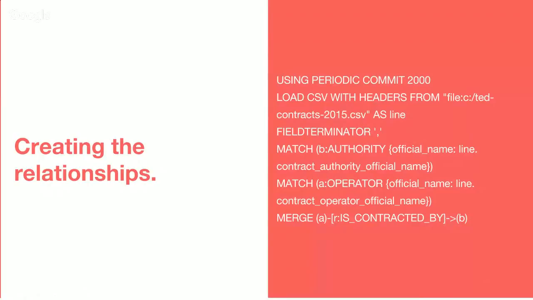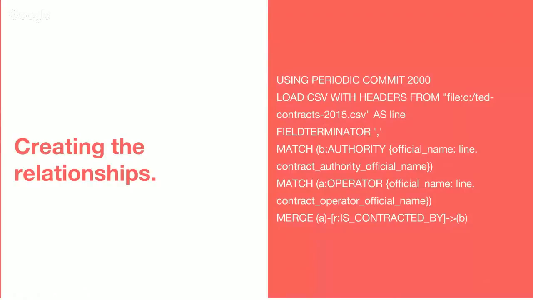So those are the few key operations that can help us turn any spreadsheet into a Neo4j graph database, and we will be able to turn any data into graph data.